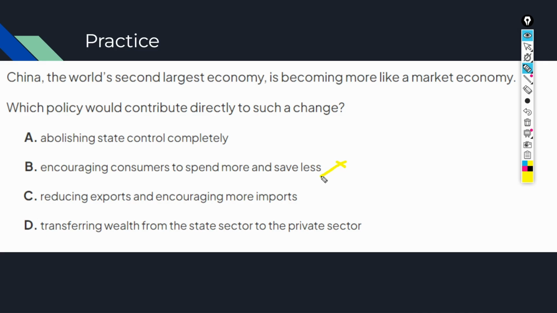And reducing exports and encouraging more imports, again, this is not related to private economy and public economy. Another thing is transferring the wealth from state sectors to private sectors. This is the main reason. Since it wants to become more of a market economy, it doesn't mean it's fully a market economy, so it can't be abolishing state control. It's like a mixed economy where you want to transfer the money from a state sector to a private sector, hence option D.